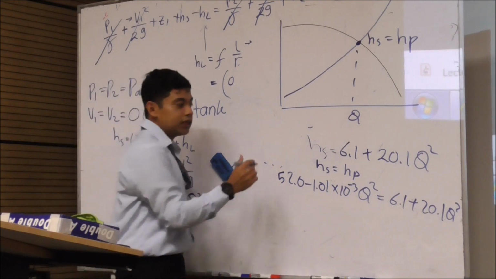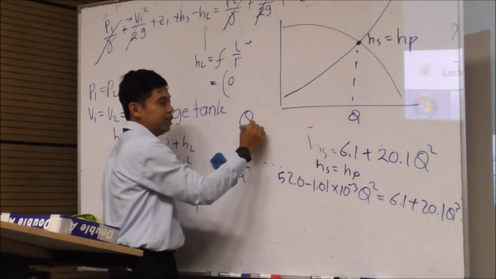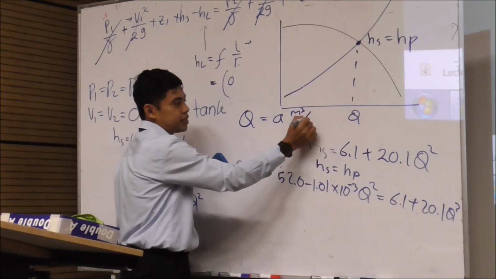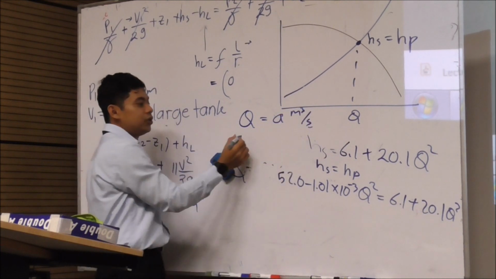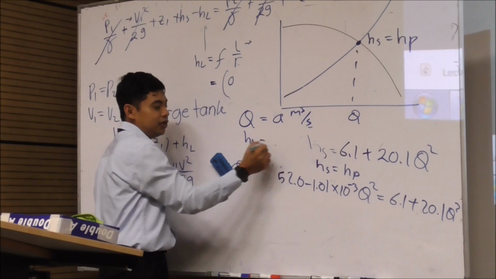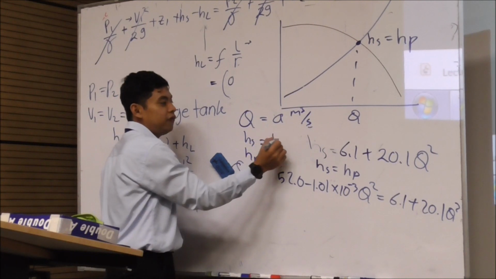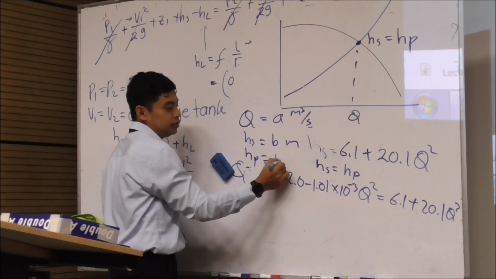If you do the calculation correctly, once you get your Q in meter cube per second, when you calculate HS, you will get the same as when you calculate HP. So both have to give you exactly the same meters.